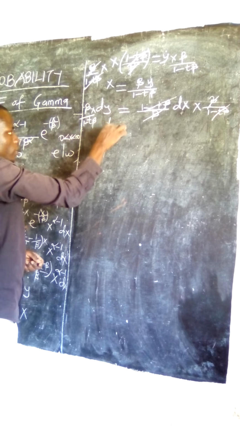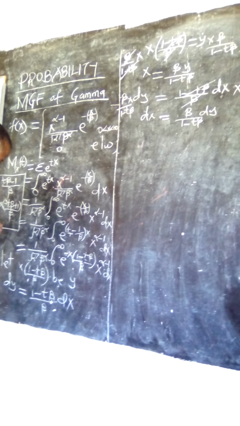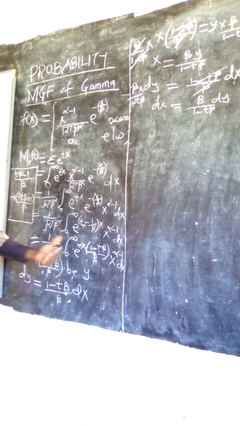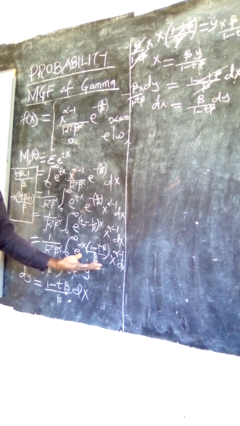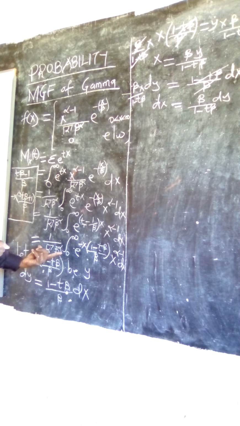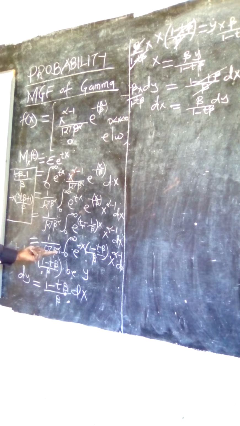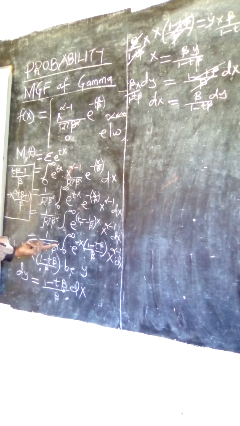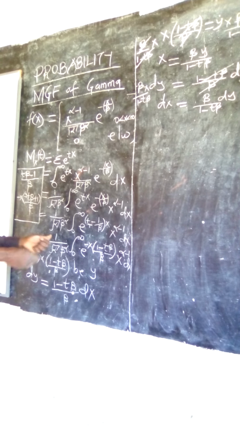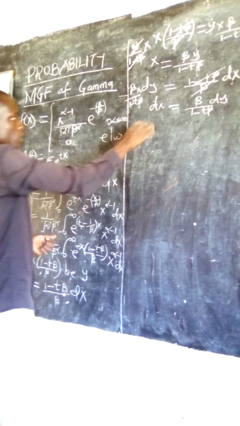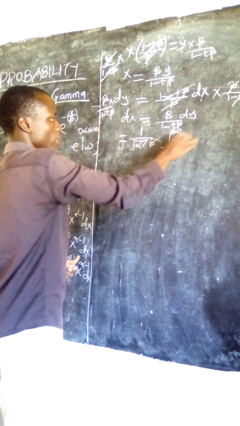Now after making both x and dx the subject of the formula, we can come here to our function and begin integrating. The constants remain the same, and therefore I'll now write the same constants the way they want. Now when I write that, it is equal to 1 over gamma of alpha beta alpha, then the integral from 0 to infinity, then exponential.